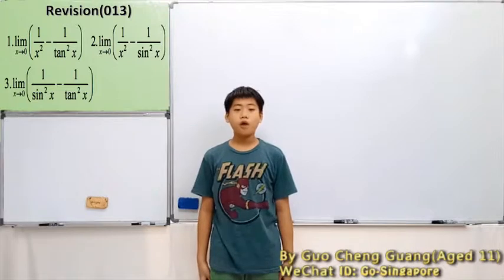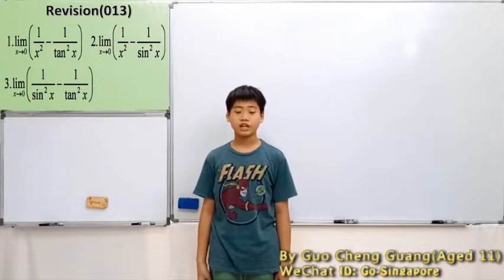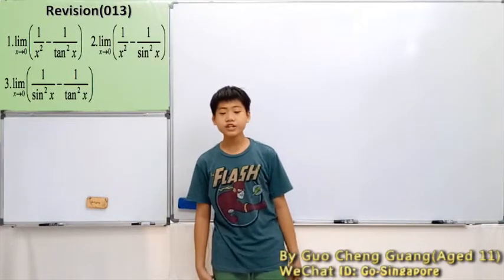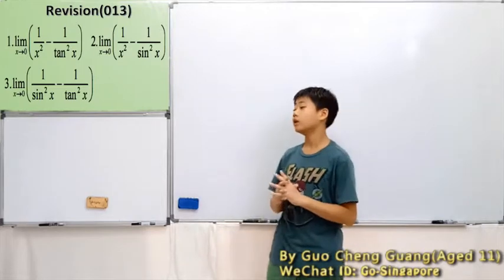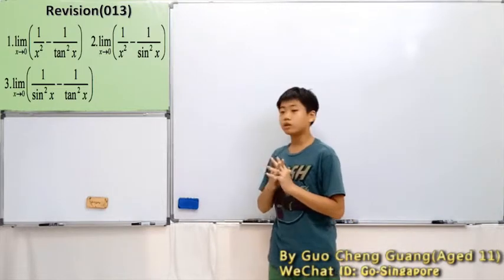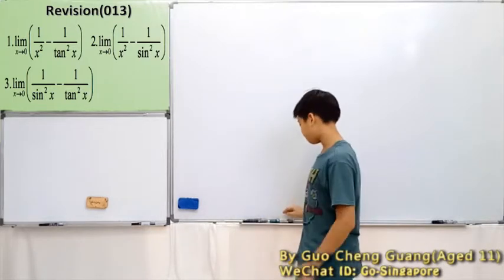For this time, we'll continue to revise our methods of limit calculation. In our methods of limit calculation, for these lessons, we will take a look at what types of methods we might meet along the way.